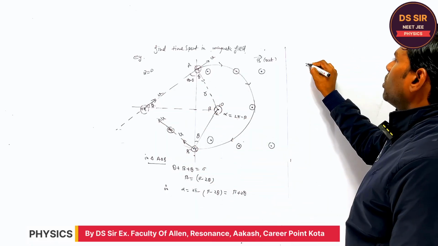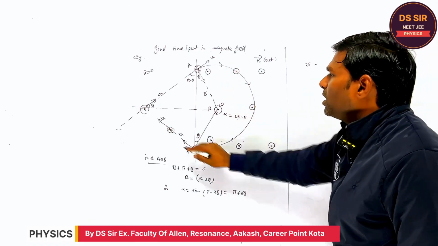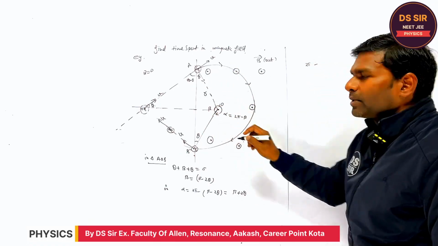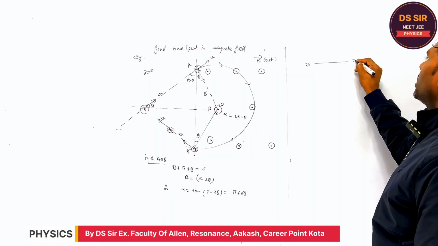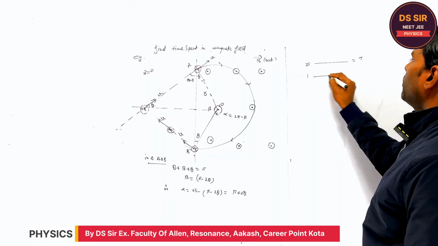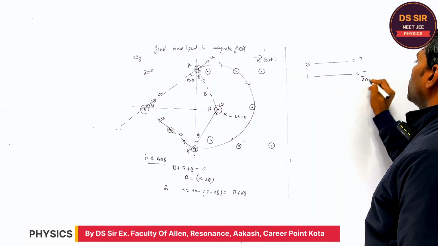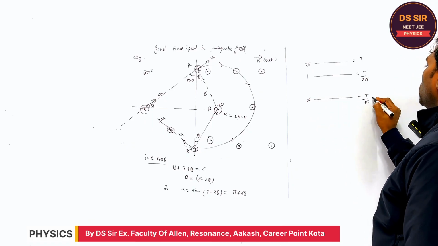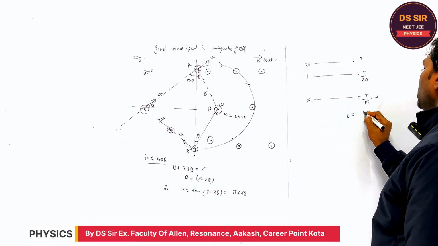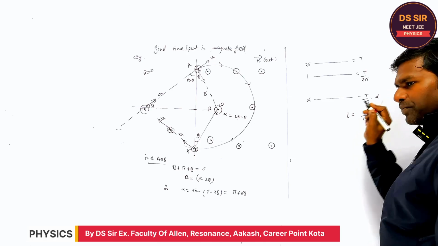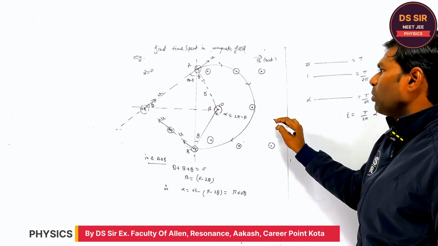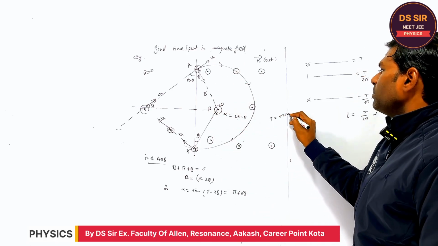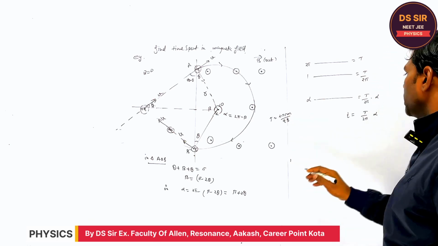Again, if it completes the circle, the angle is 2 pi. For 2 pi, the time period is capital T. For 1, T upon 2 pi. For alpha, the time is T upon 2 pi into alpha. What is the total time period? 2 pi m upon qB.